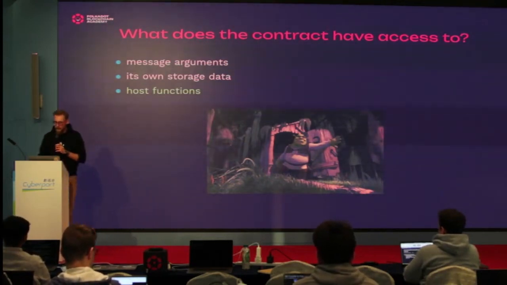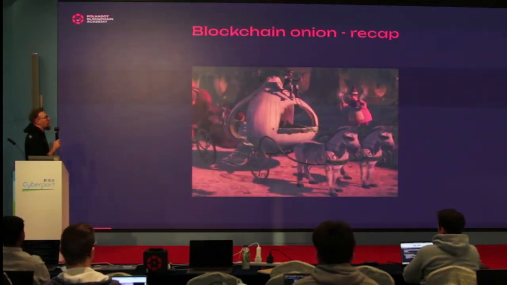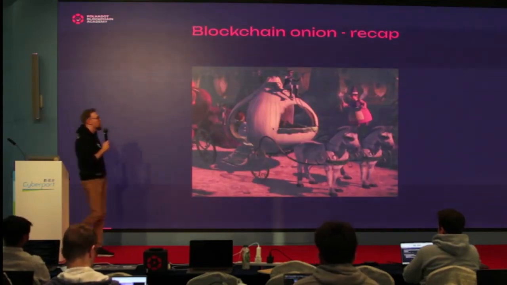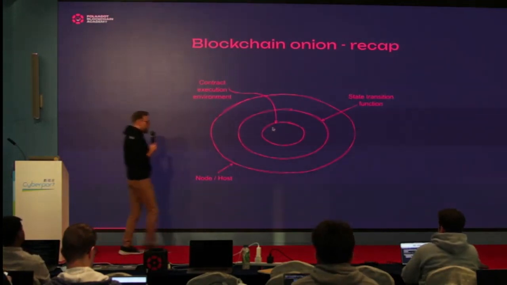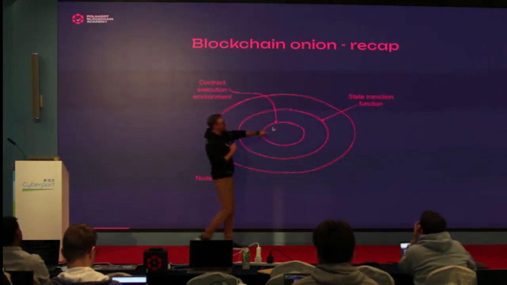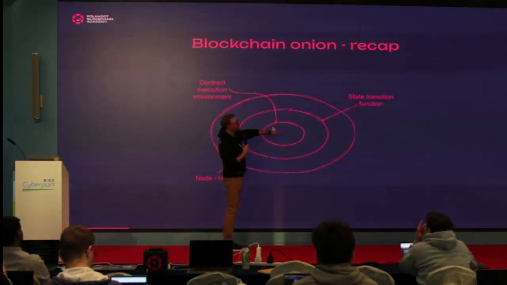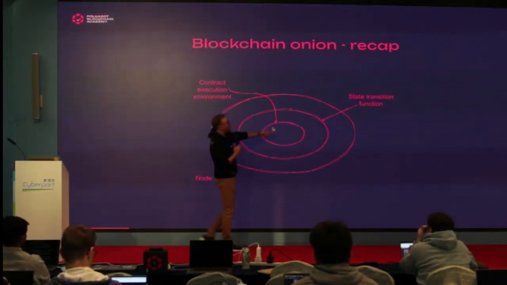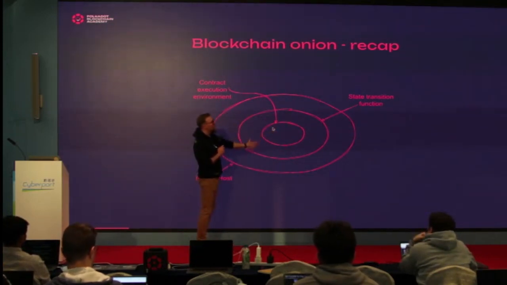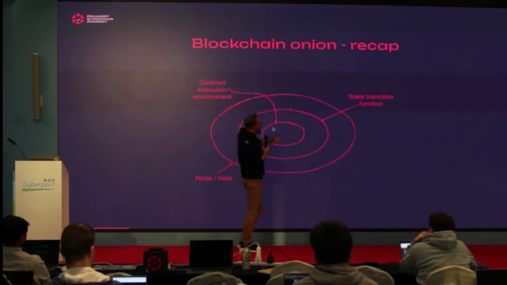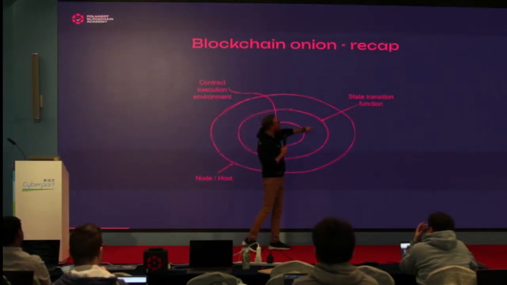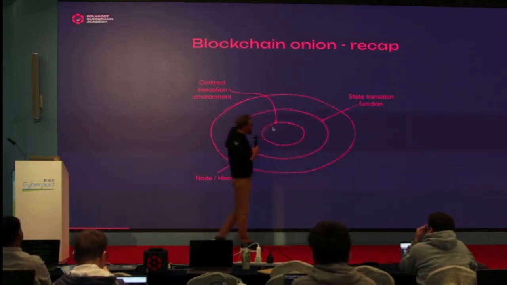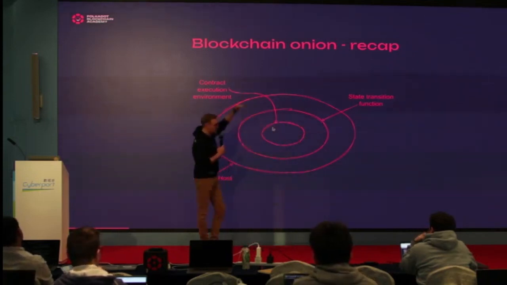To understand these possibilities, let's have a quick recap of this blockchain onion. Contracts are executed here in this innermost layer, and we want to open them to the outside world, meaning we want to allow a contract to interact with the state transition function, to ask for some things from this layer.